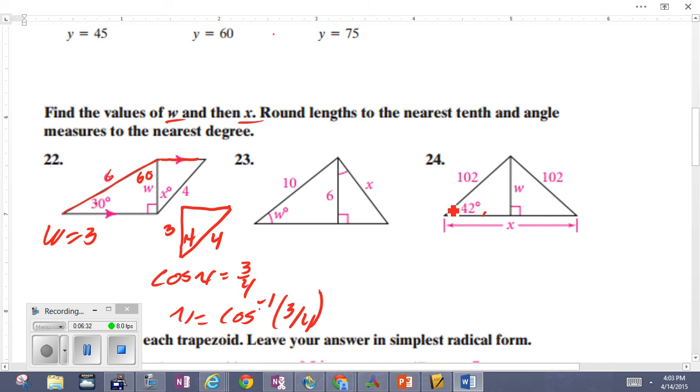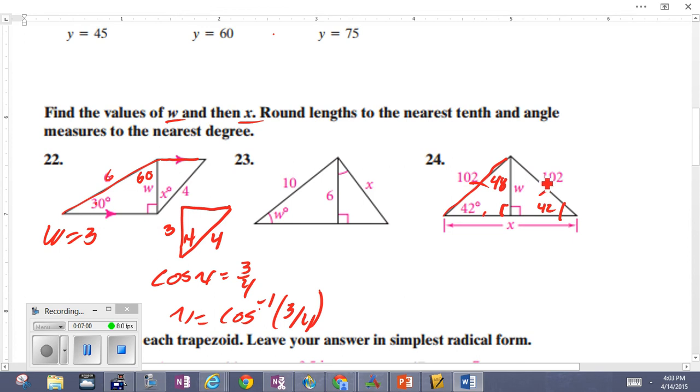Here we have an isosceles triangle because both sides are equal, which means both angles are equal, which means that this angle here is 42. And then we also have that these two triangles are equal because we'll pick up that right angle, and the complement of 42 is 48 up here.